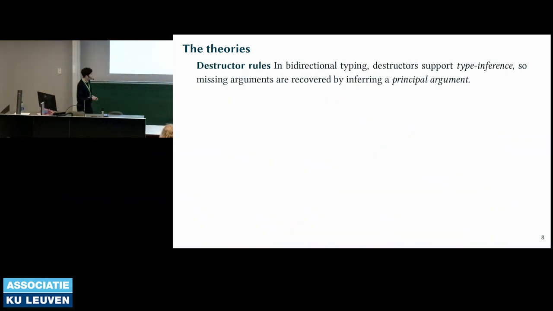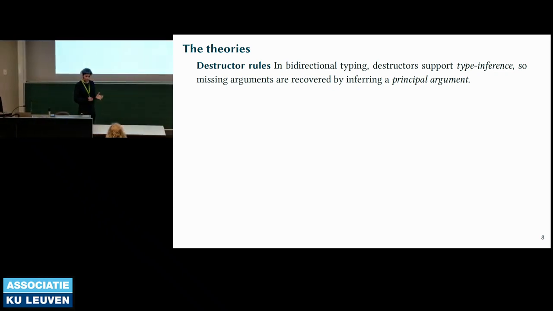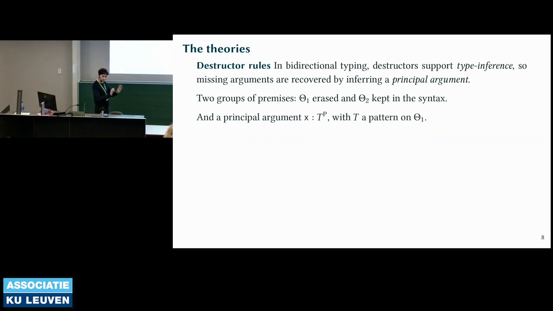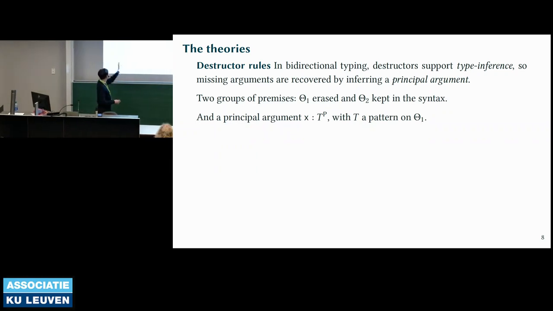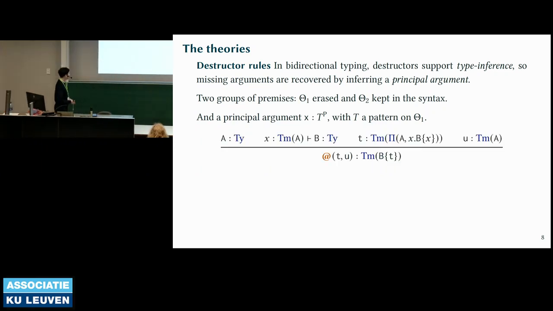Then we have the destructor rules. Contrary to constructors, destructors support type inference. The way we get the missing information is by inferring the sort of the principal argument, which is a special argument of the rule. Like before, we separate the premises into a meta-variable context, the ones which are erased and the ones that are kept in the syntax, but we also have a special argument, the principal argument, whose pattern should allow us to recover the missing information.